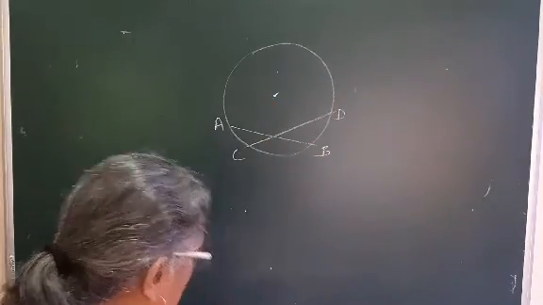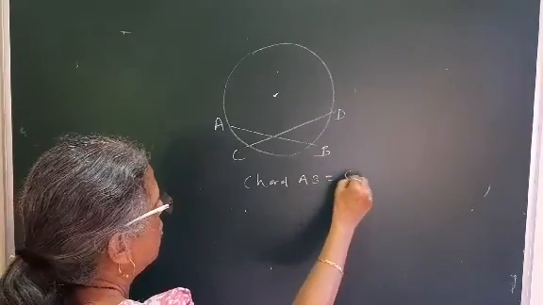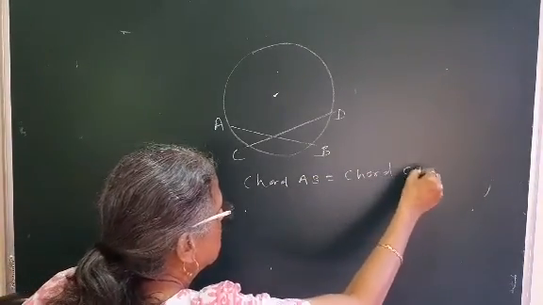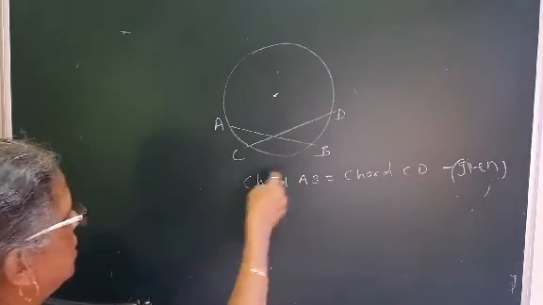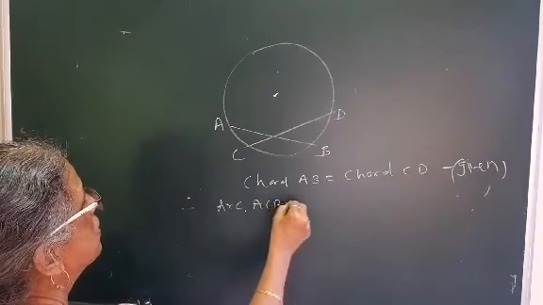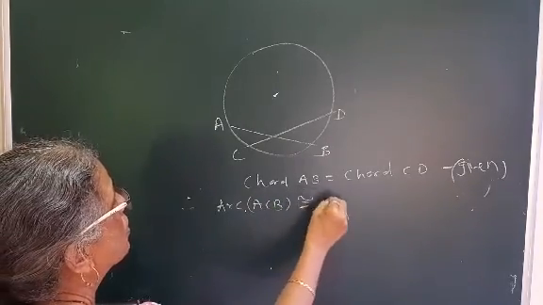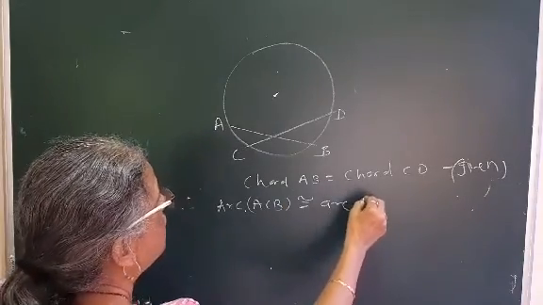So they have given chord AB is equal to chord CD. That is given. Followed. AB, therefore arc ACB congruent arc CBD or DBC.